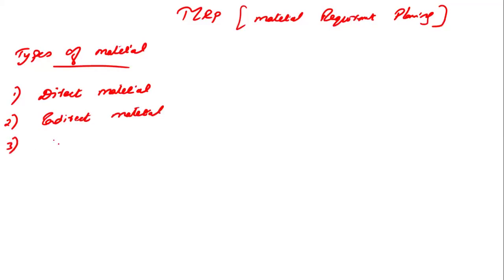And the third one is the services. Can someone tell what is direct material, indirect material, and services if you know? I think we already discussed what is direct material, what is indirect material, what is services, at least in a basic level.